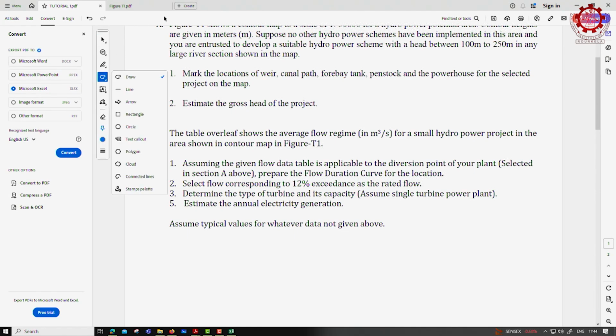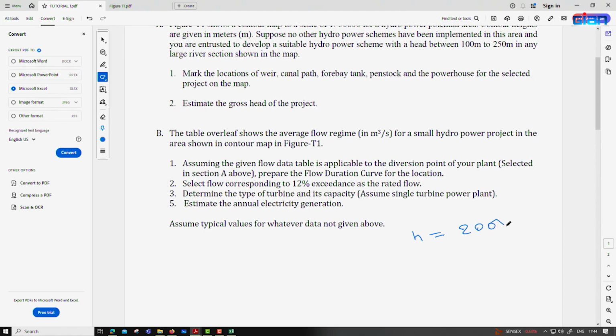So, we are asked to calculate. Our head is 200 meters, flow is 1.8 cubic meters per second, you can get the exact value, I just estimate like that, right.